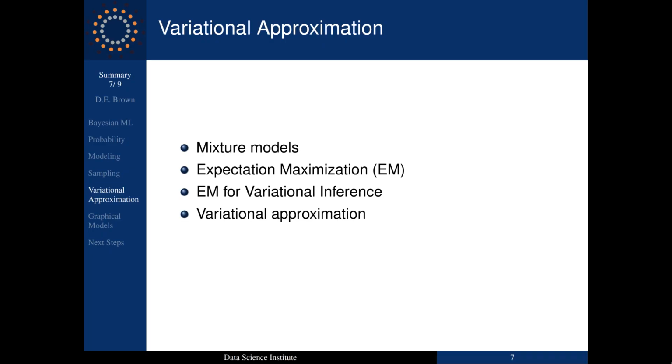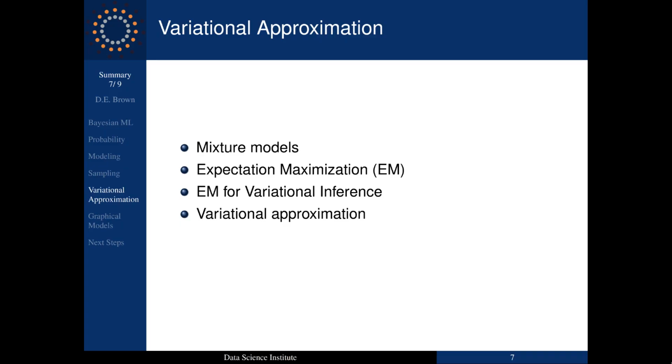This variational approximation technique then is built on the notion of optimization. It's not built on the notion of classical inference where we're trying to estimate a density function using sampling methods. It's based on the notion of doing an optimization. In this case, the optimization is minimizing the Kullback-Leibler divergence or maximizing the ELBO, the evidence lower bound.